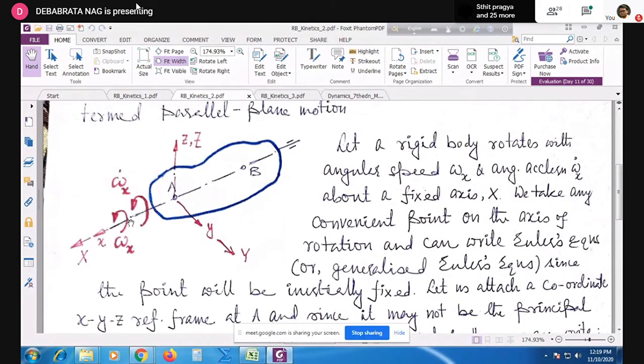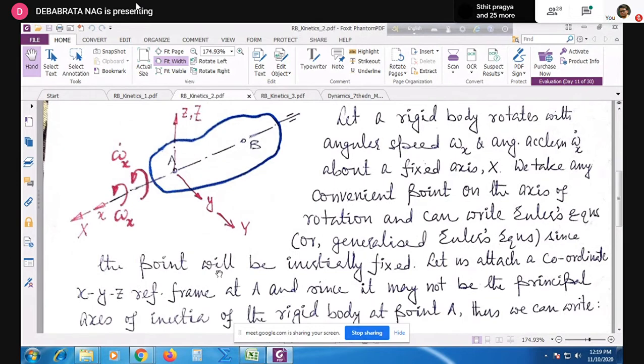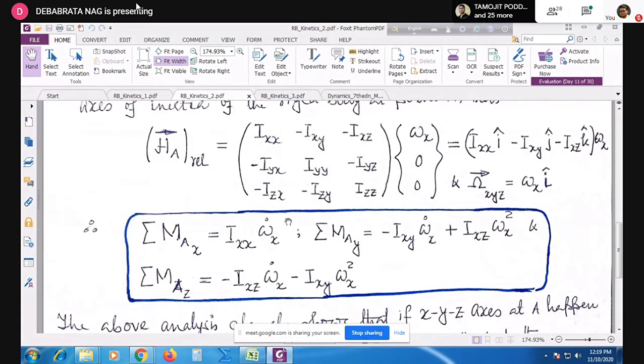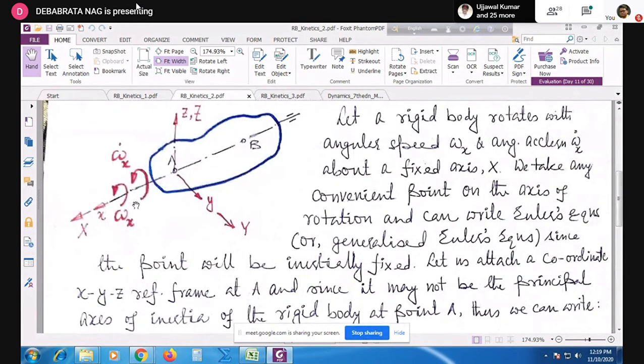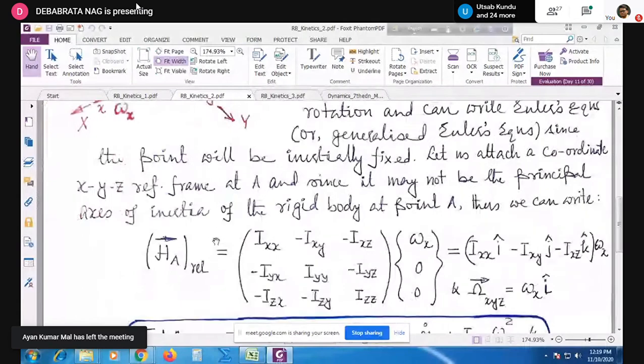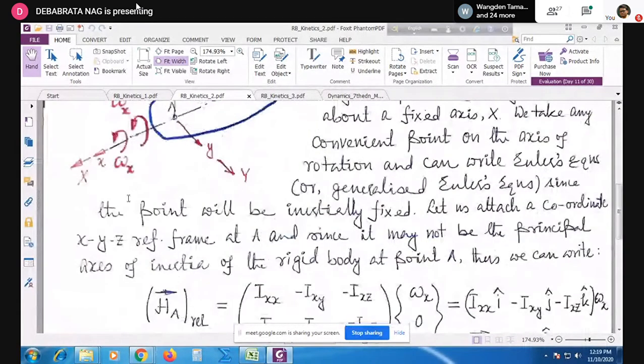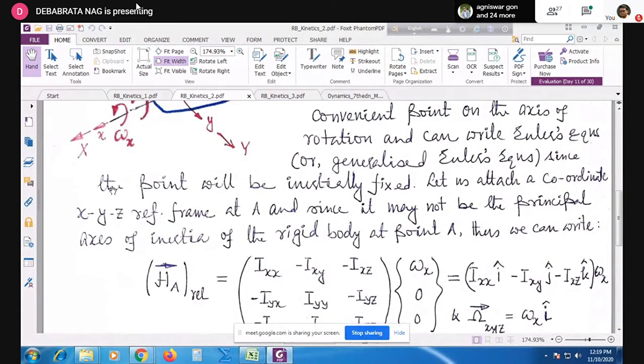So in that case, definitely this set of equations will not be valid, because this set of equations is valid only when you are choosing your fixed axis of rotation and defining that fixed axis of rotation by the x-axis. So in the case where this is not defined as the x-axis, how do we remember this equation?